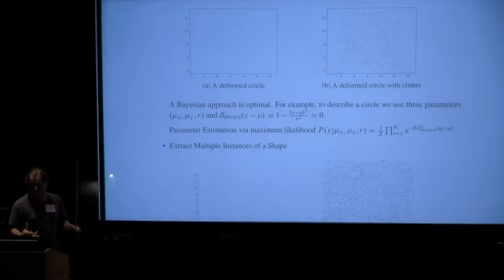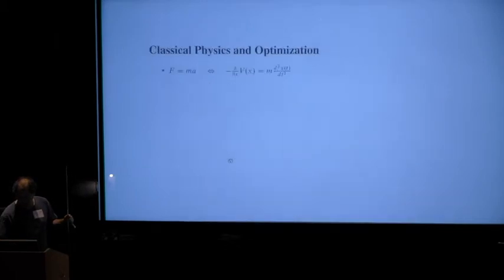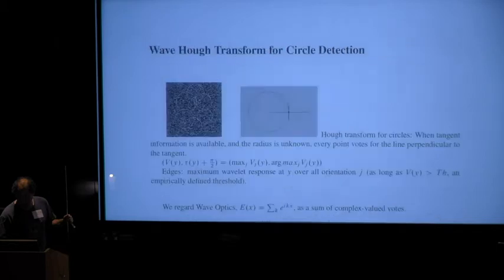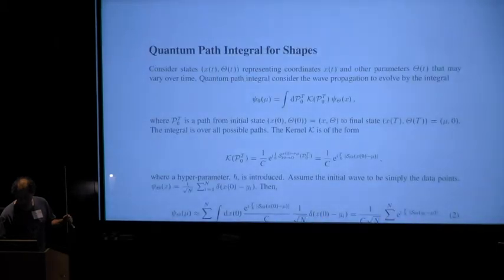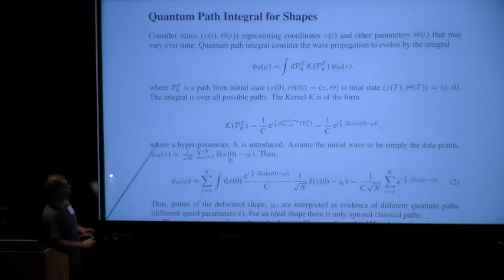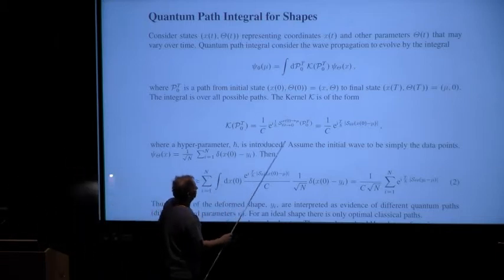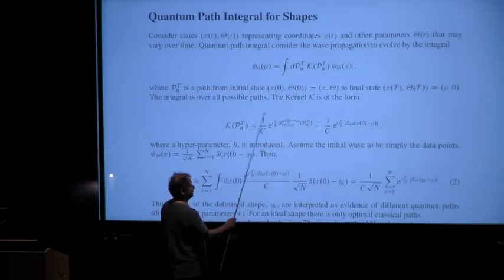So if this is my optimization criteria to find parameters like center and radius, then as I do the path integral formulation, I sum over all the paths, different than in the case of Hough. I don't need to slice, I just compute the action.